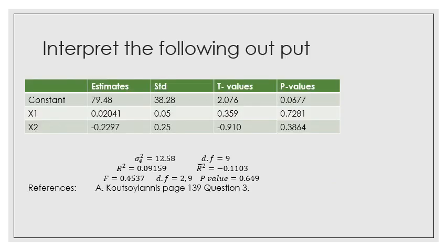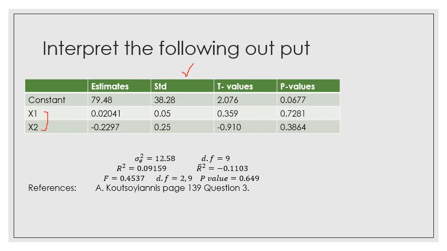Now there is an assignment for you, how to interpret the output. Now you can see that there are two independent variables and one dependent variable. Now these are the estimates. This is the constant, and this is the first regression coefficient. This is the second regression coefficient, and these are the standard errors.